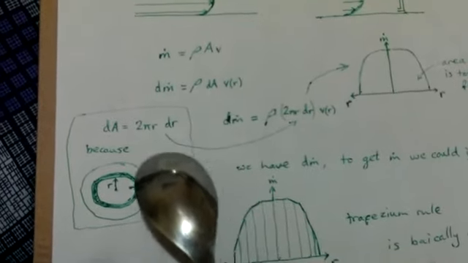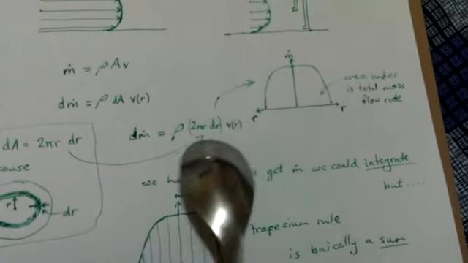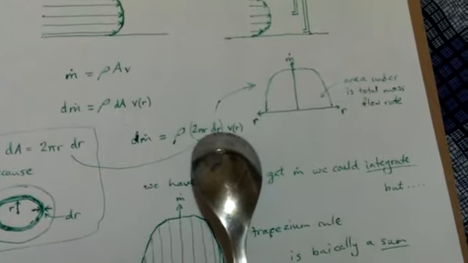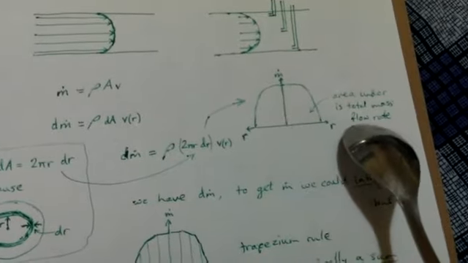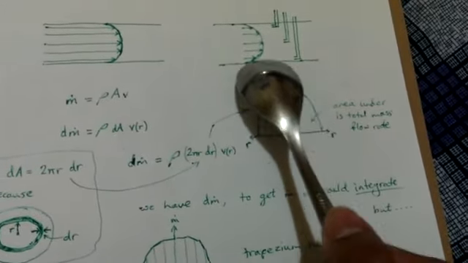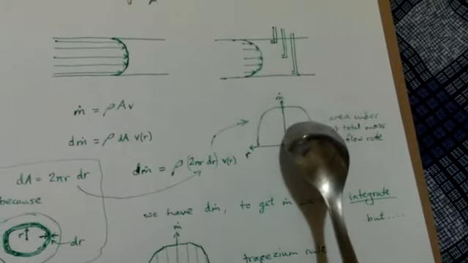Put that into that equation here, and this is showing that relationship. This is basically this graph in an equation. Now the area underneath this graph is the total mass flow rate. This is the relationship between mass flow rate and the radius, and the area under it is the total mass flow rate.